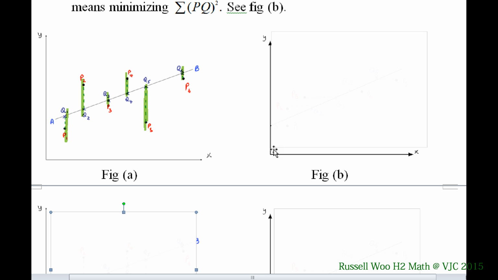Just draw, just PQ, quite easy. But notice that this is x, this is y, can you label it properly? Alright?